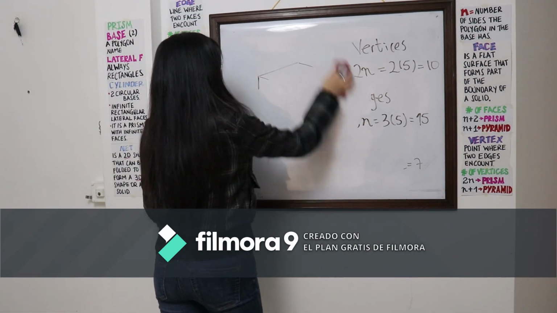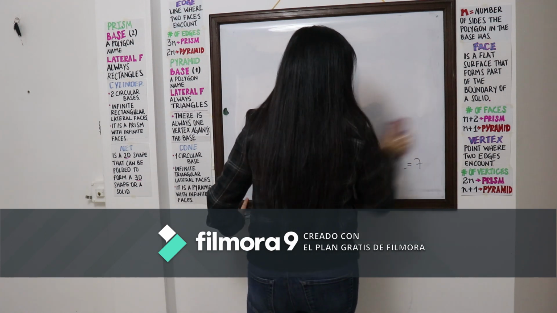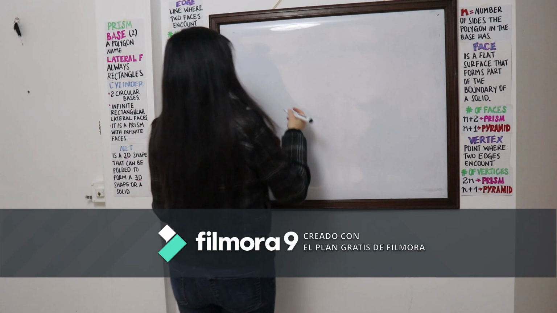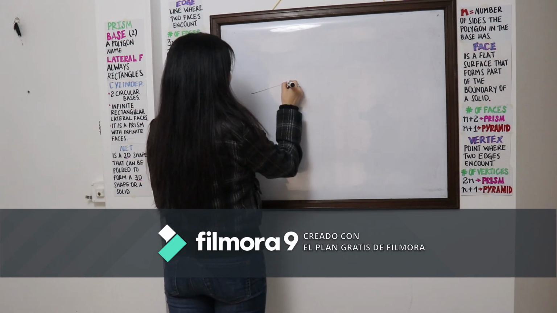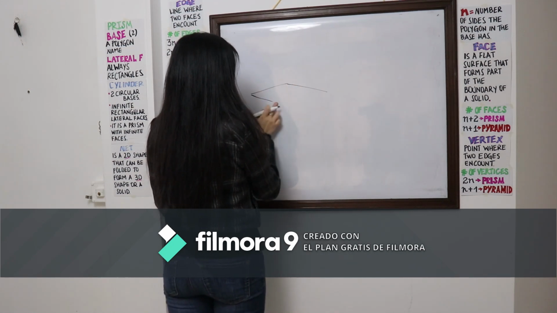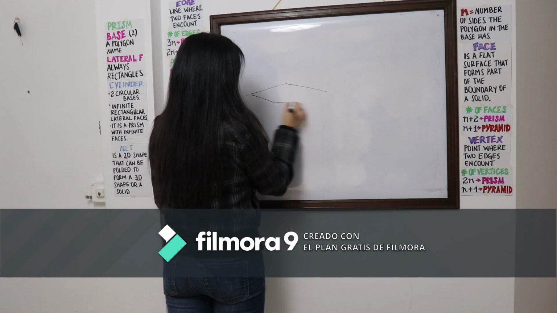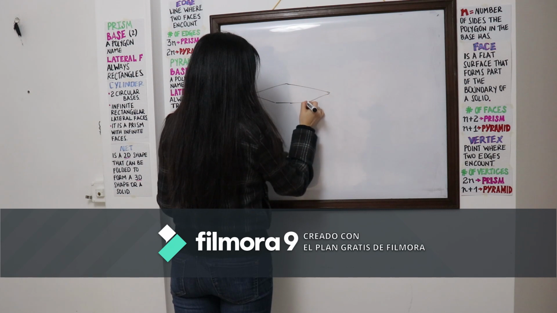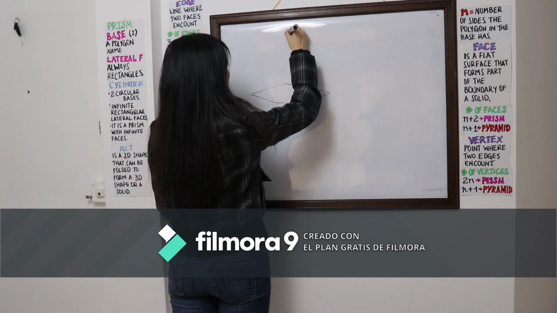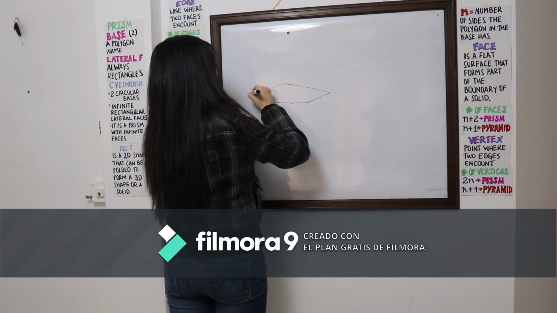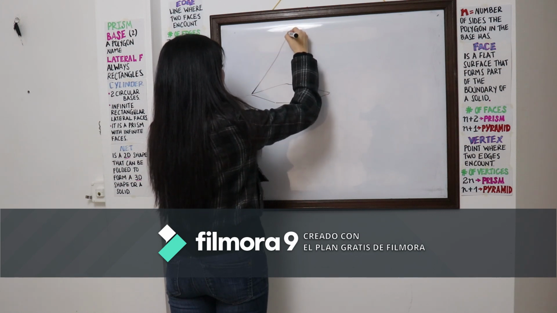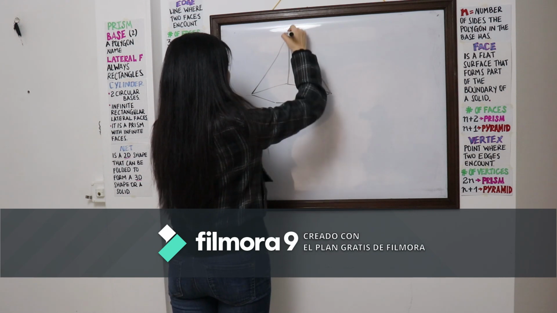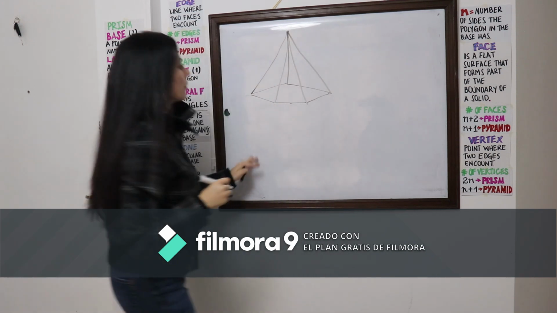Now, if we want to do the same exercise for a pyramid, I can think about, again, a pentagonal pyramid, okay? There you go. And so this is going to be my vertex over here, and then I'm just going to begin drawing the edges to build it.